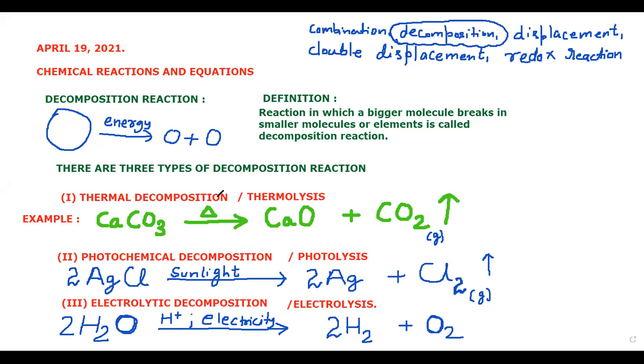This energy can be in the form of heat. Heat is written as triangle. It can be in the form of light. It can be in the form of electricity also. So these are the 3 types of decomposition reaction. All right.